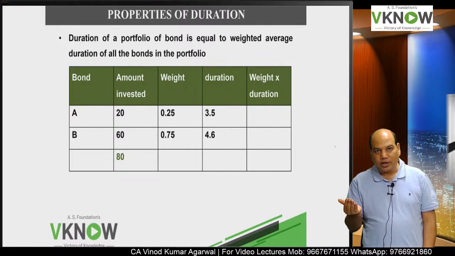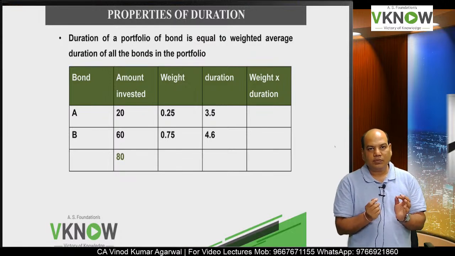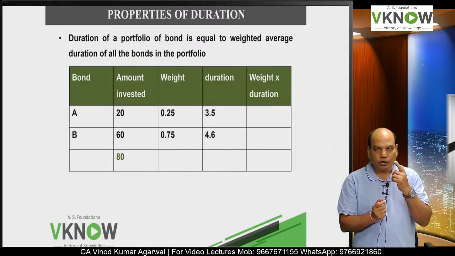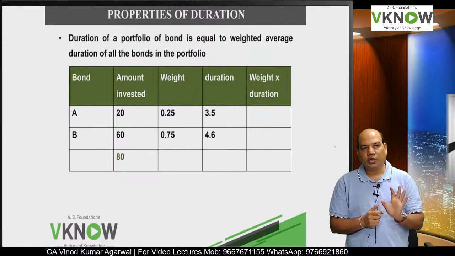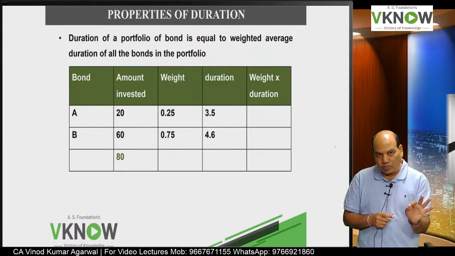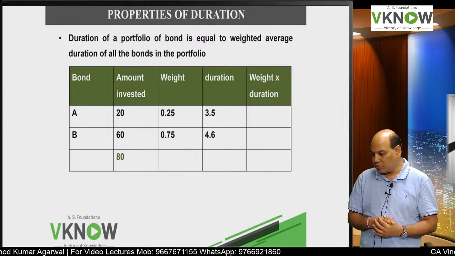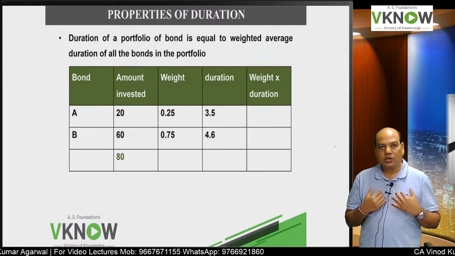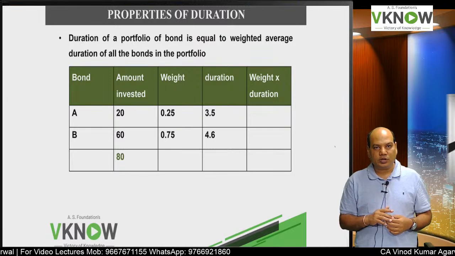So assign the weight: 20 lakh out of 80 lakh means the proportion of bond A in the portfolio is 25%, so 0.25, and the proportion of bond B in the portfolio is 60 by 80, 75%. And the durations I have given for example's sake, take 3.5 and 4.6.